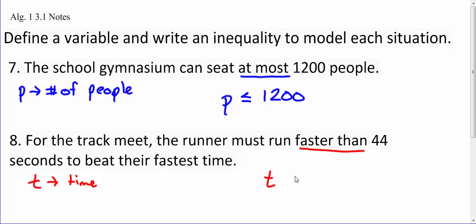That means I need to run less than 44. Could I run equal to 44? Well, let's see. The runner must run faster than. Faster than doesn't say anything about at least as fast as or the same speed or better. So if they want to beat their fastest time, it would be t is less than 44.